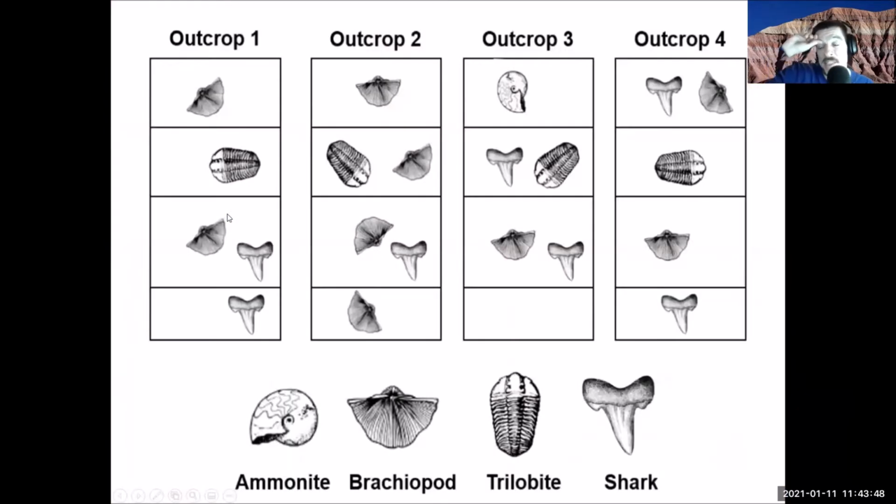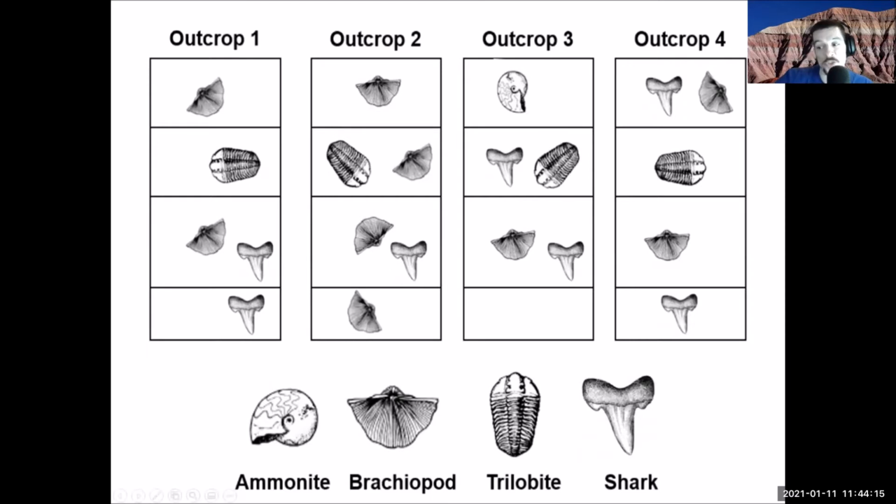When we look at this image, we're trying to figure out which one of these four fossils could be used as an index fossil. The shark tooth and the brachiopod are definitely not good index fossils because we're finding those in multiple rows, which means that the shark lived for a very long time. We're looking for an organism that only lived for a short amount of time, so it should only be found in one row.